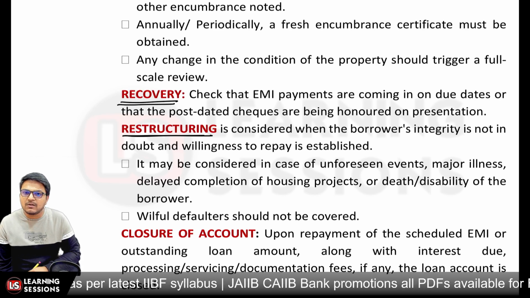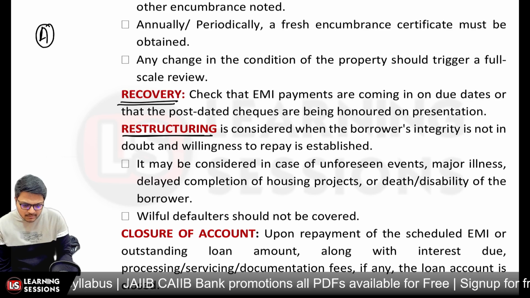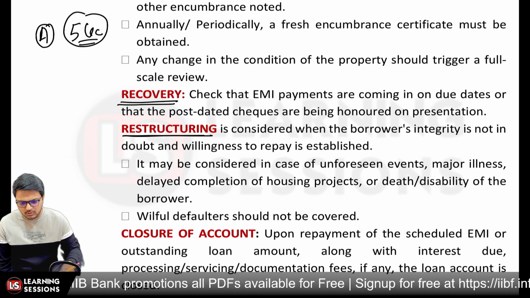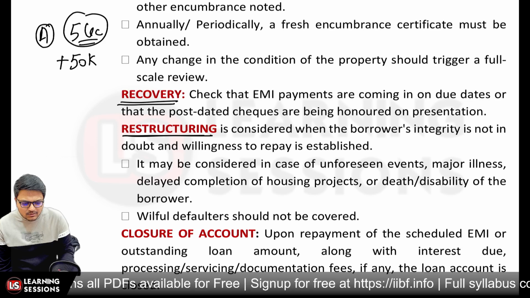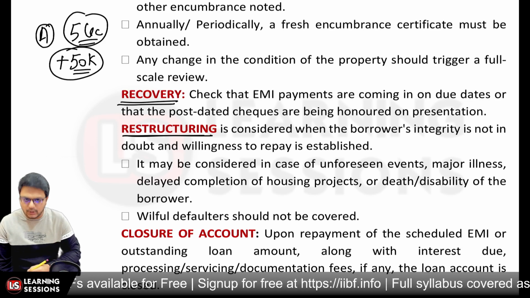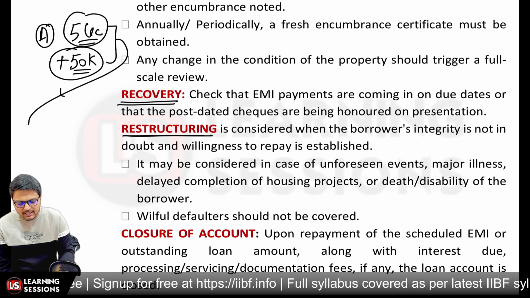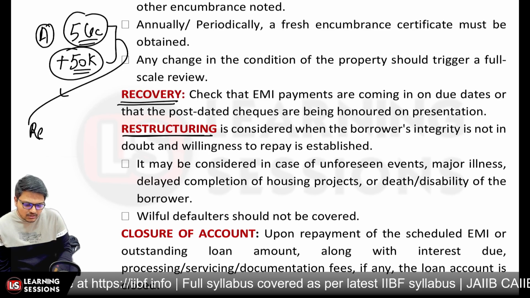Now in that scenario, we can be restructuring the loan. Let's say there is a borrower who took a loan of rupees 5 lakh. He has the intention, but right now he's not able to pay. The total interest accumulated so far is 50,000 rupees, which is not paid by him and is overdue. Now we can take a note from the borrower, get it sanctioned from our authorities, and go for restructuring.